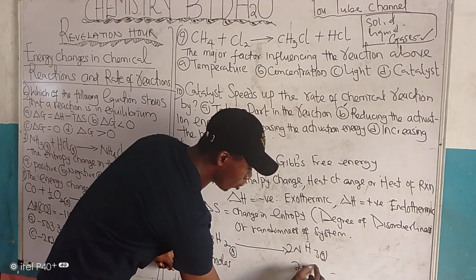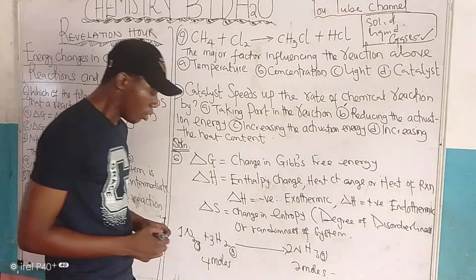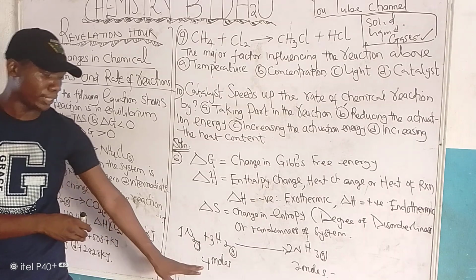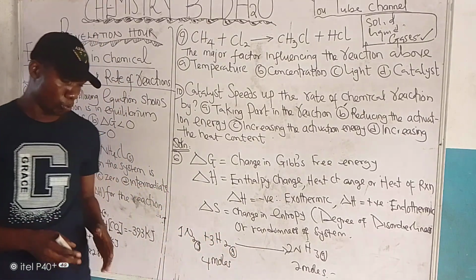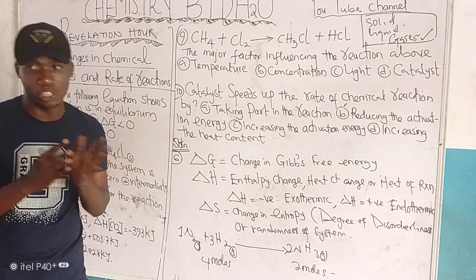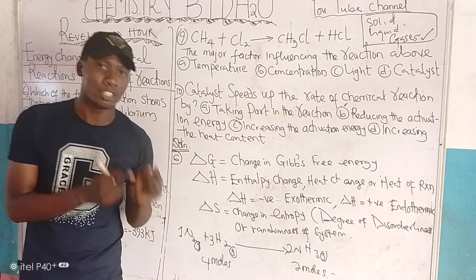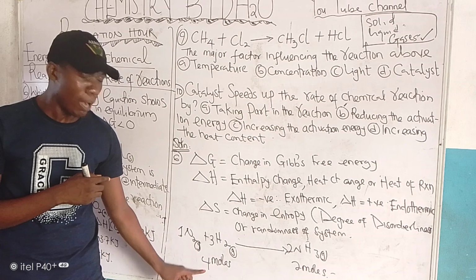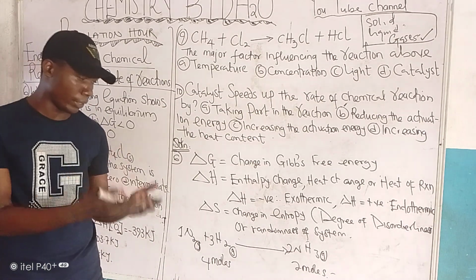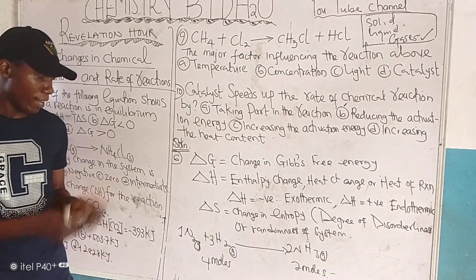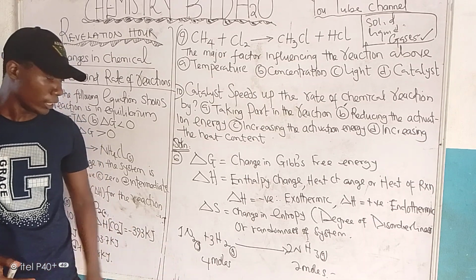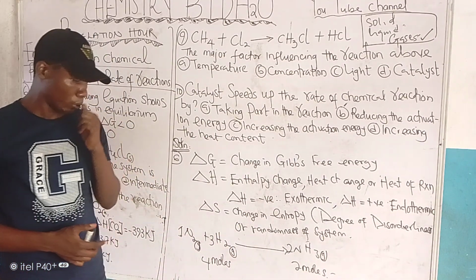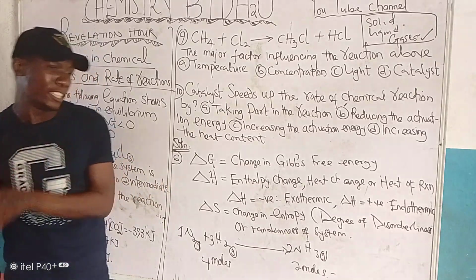Is 2 moles. So can you please tell me, class, what has happened to the number of moles? The number of moles has changed from 4 to 2. So if there is a decrease in the number of moles, it means that the entropy will reduce. So if the number of moles increases, the entropy will increase. So for this reaction, since the number of moles changed from 4 to 2, the entropy has reduced, also called negative entropy.